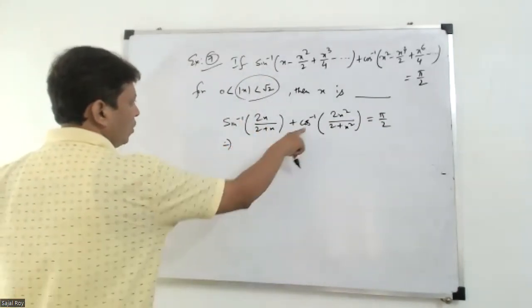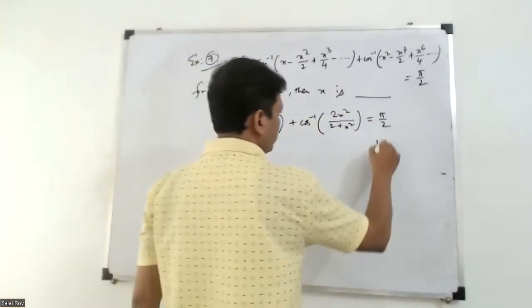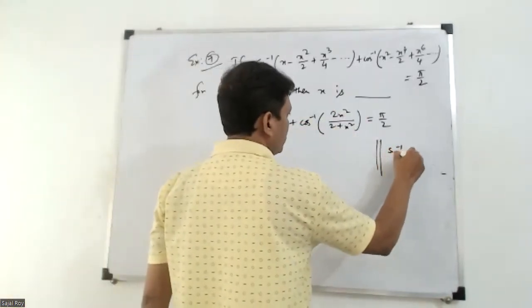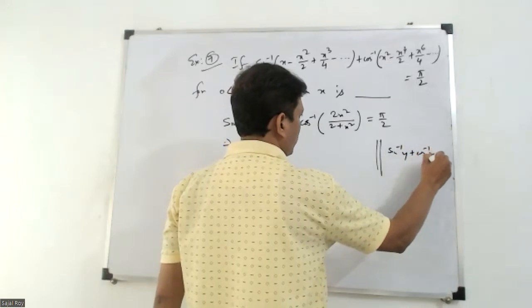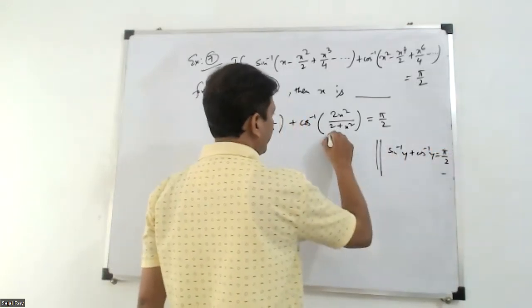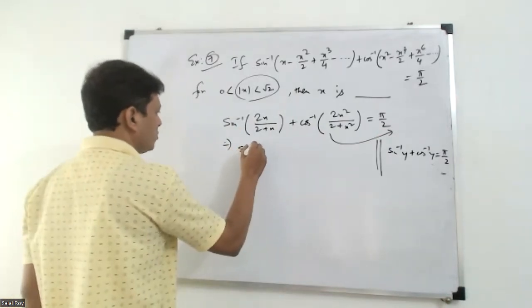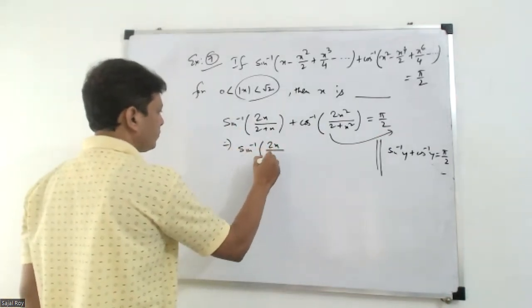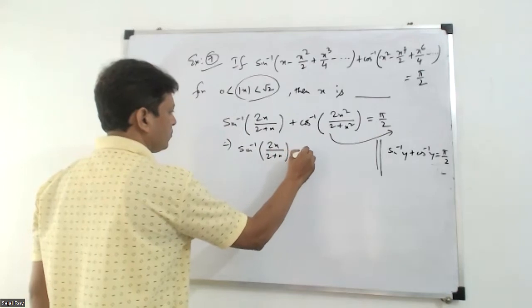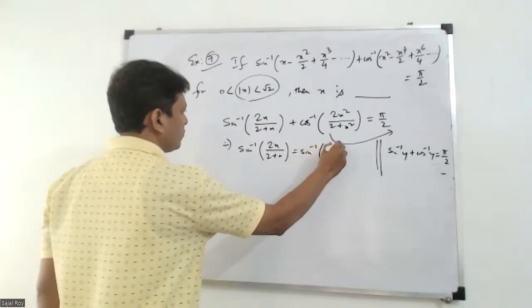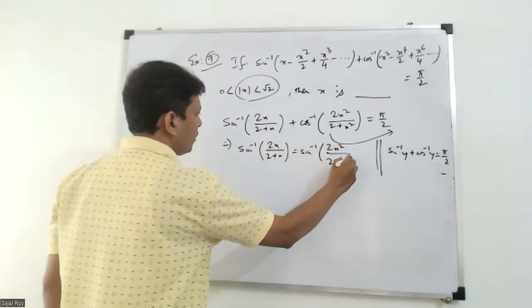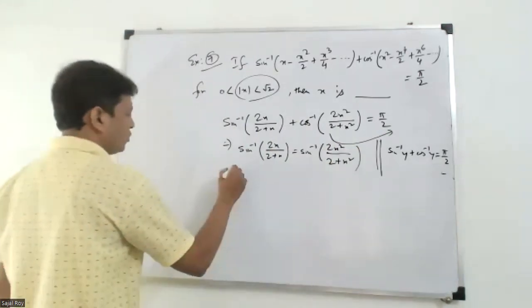You know that sin inverse y plus cos inverse y equals pi by 2. So if I replace, pi by 2 minus cos inverse will be sin inverse. Okay, clear?